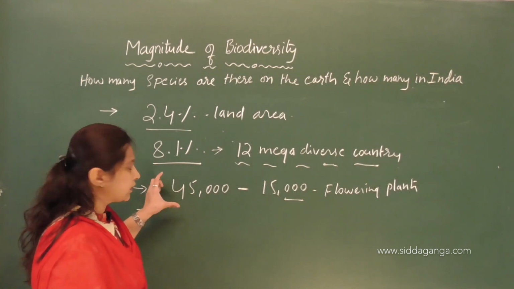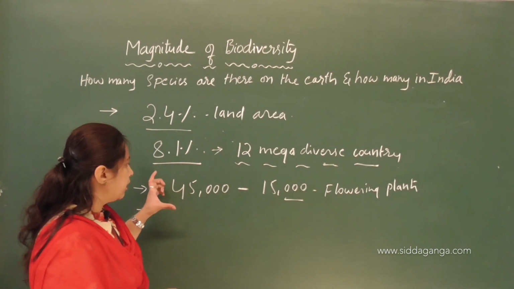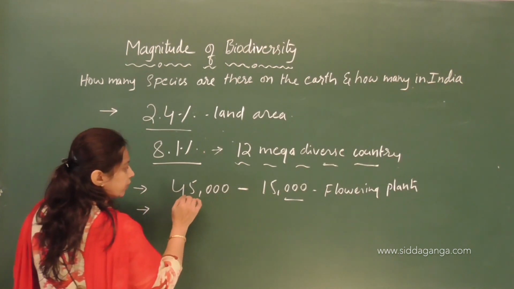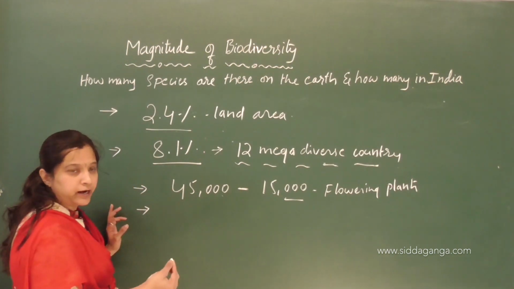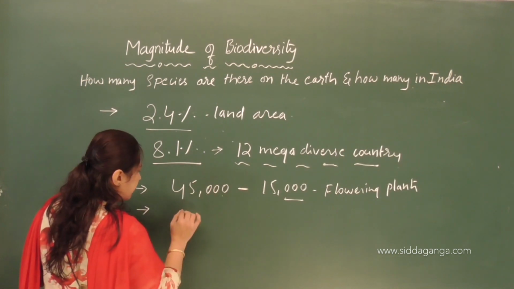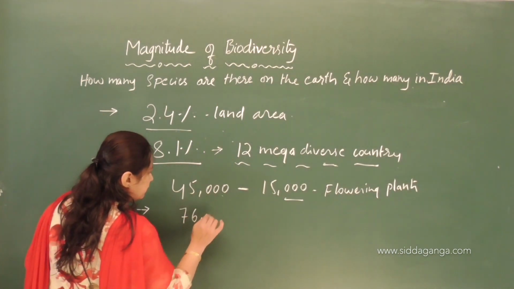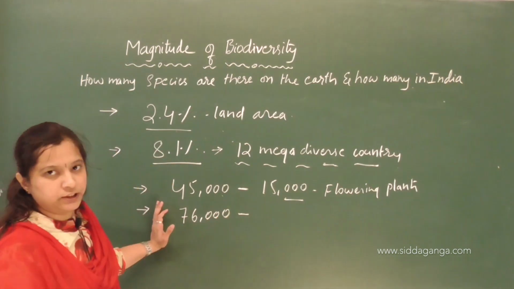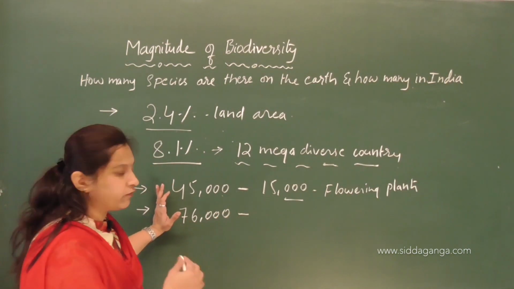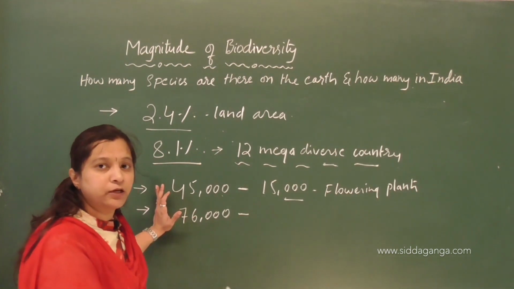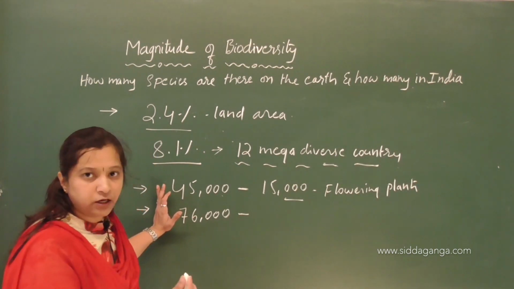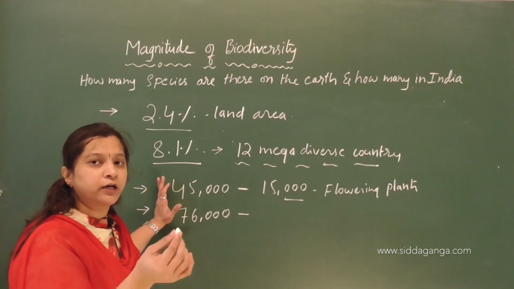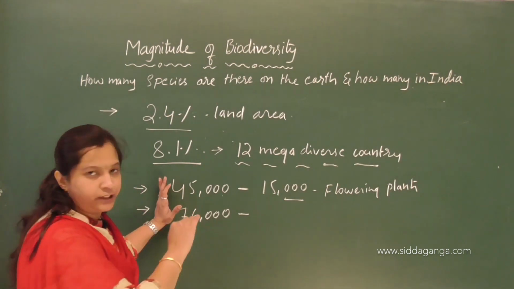And it also comprises animals, double the number of plants. So it comprises 45,000 species of plants and twice as many animals. So all these are the already discovered and described species in India.